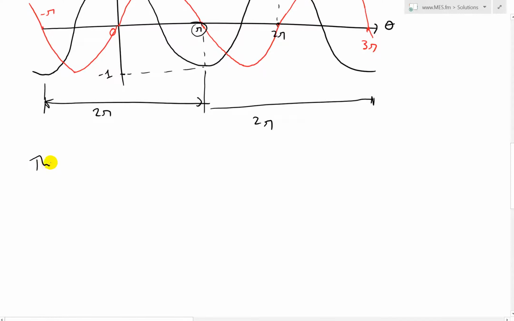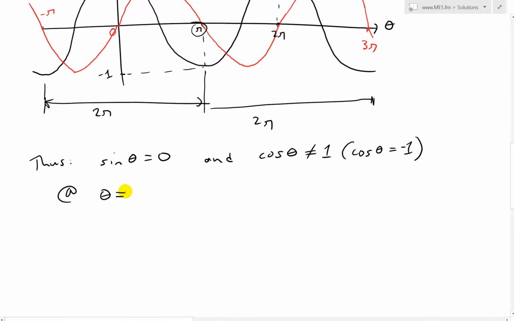So basically, thus, sine theta equals 0, and it's always important to keep the "and" there, and cosine theta is not equal to 1, but cosine theta is equal to -1 in this particular case, which is again not equal to 1.